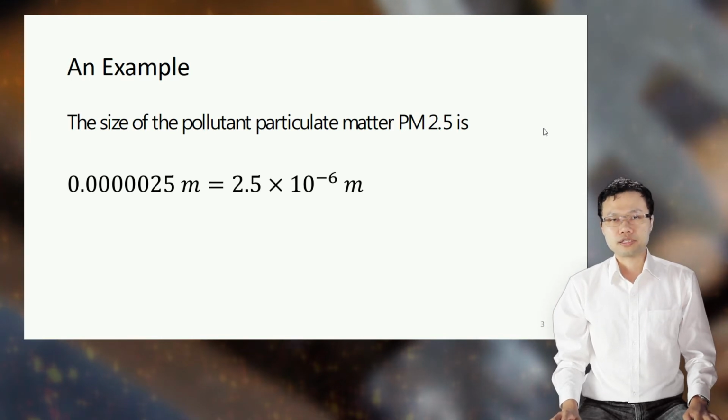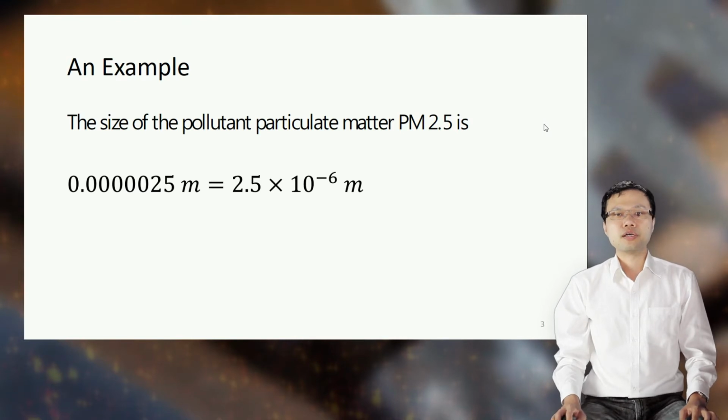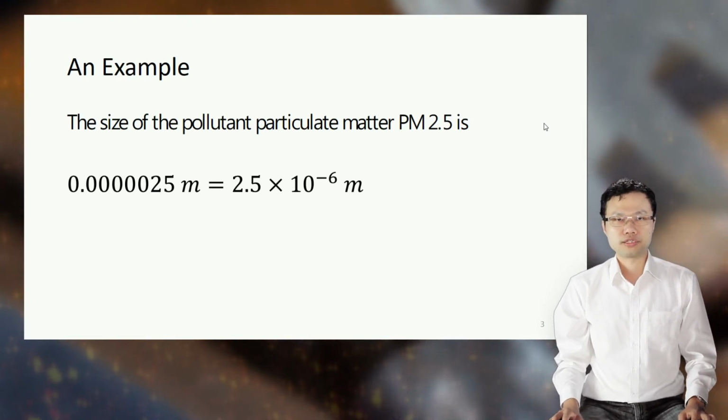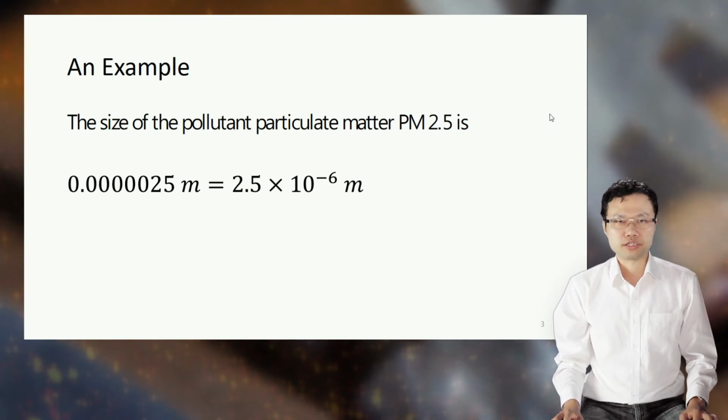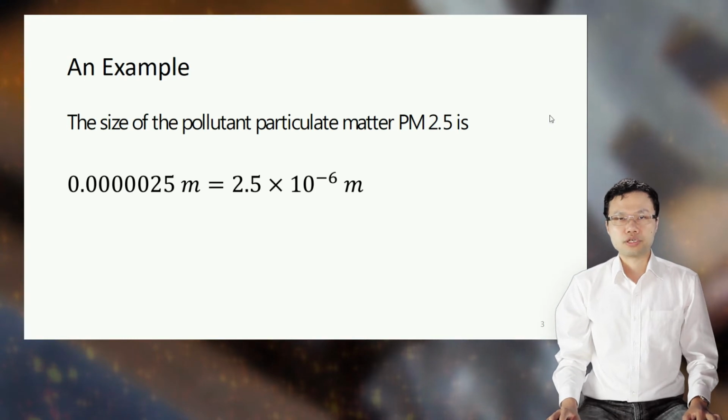The size itself is a physical quantity and is composed of the number and the unit part. 2.5 times 10 to the power of minus 6 is the number part, while meter is the unit part.